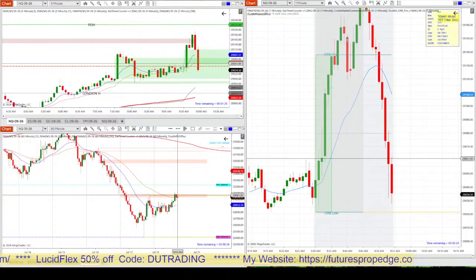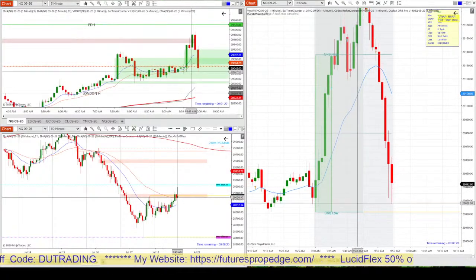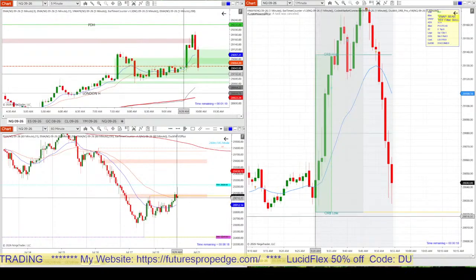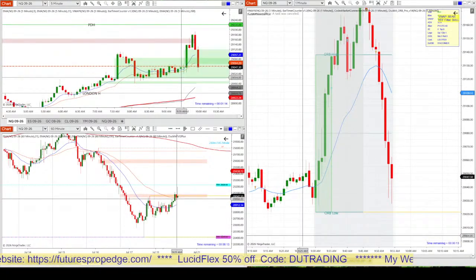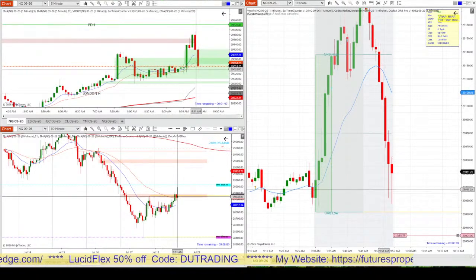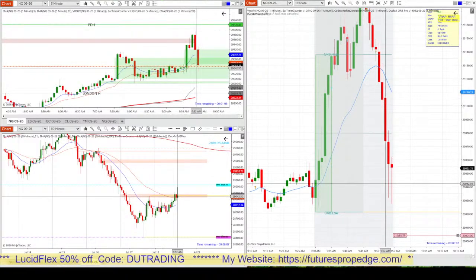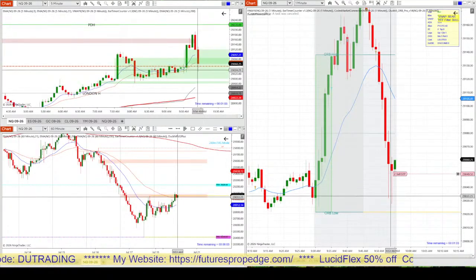Let's see when the opportunity presents itself. I can see them just make a move at 50. Okay, I'm going to try a quick shot. So if they break above 50 again, they're going to come back down.